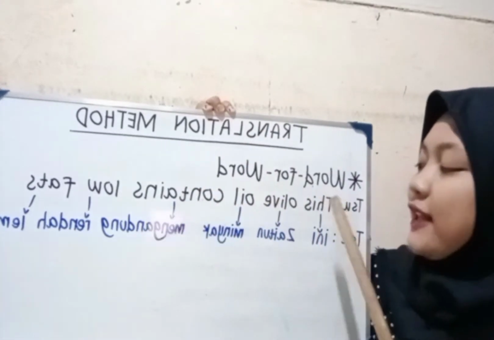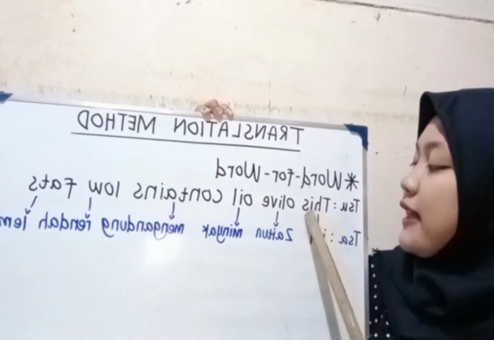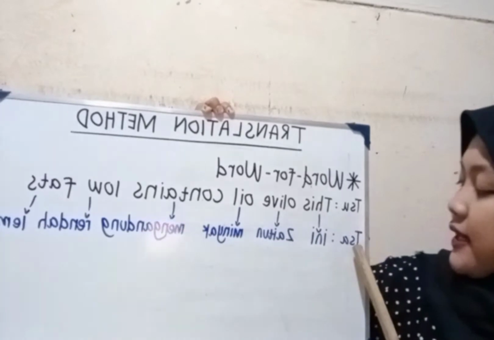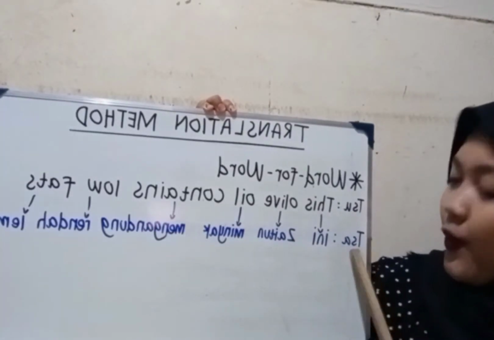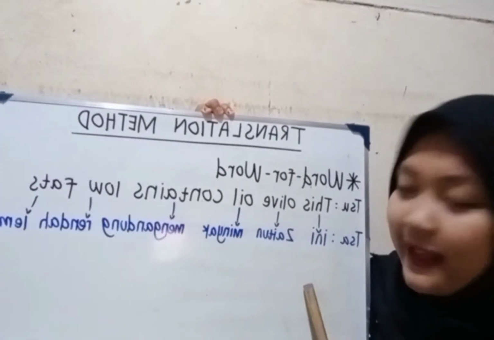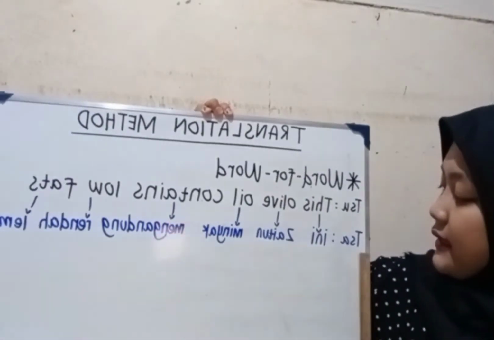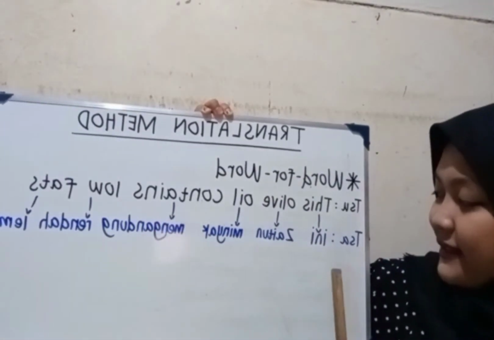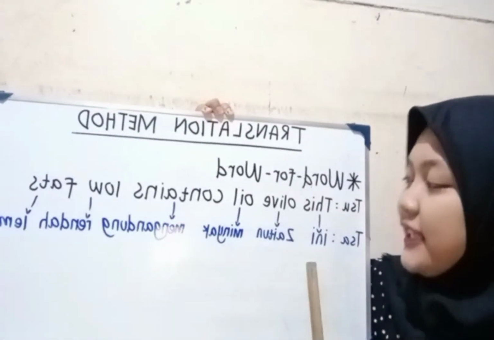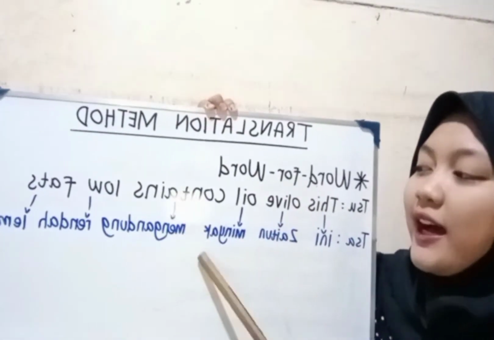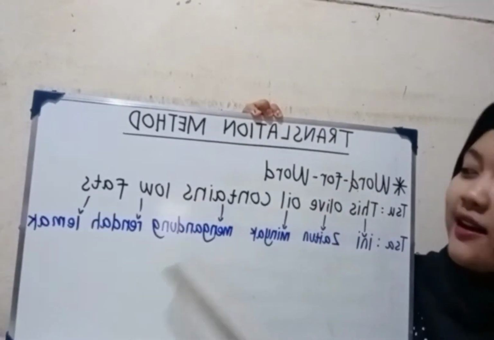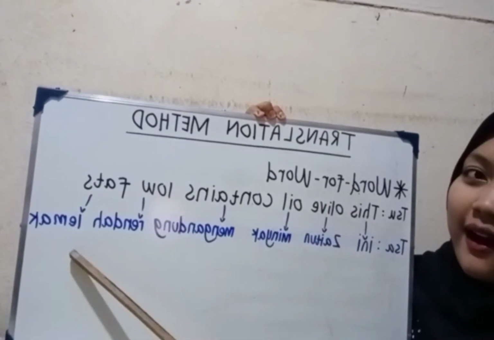So, kita tinggal turunkan katanya ke teks sasaran or the target text. So, the meaning in the target text is ini zaitun minyak mengandung rendah lemak.